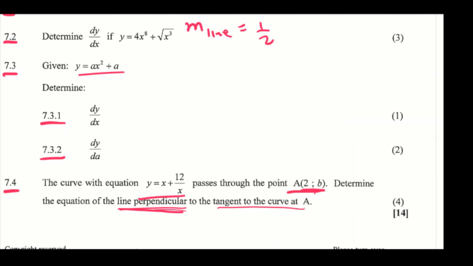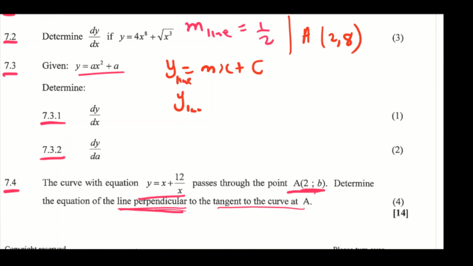And now, because we are asked to determine the equation of this line, right? So we also know that this line passes through point A, right? So our A being 2 and 8, right? So we have y is equals to mx plus c. So this is the equation of the line. So y of the line is equals to the gradient of 1 over 2x plus c. So substitute these 2 points here of 8 and 2.